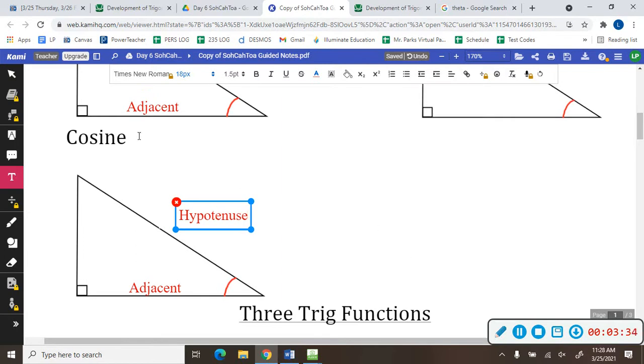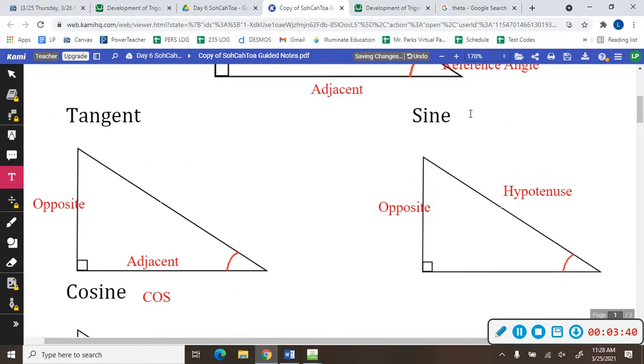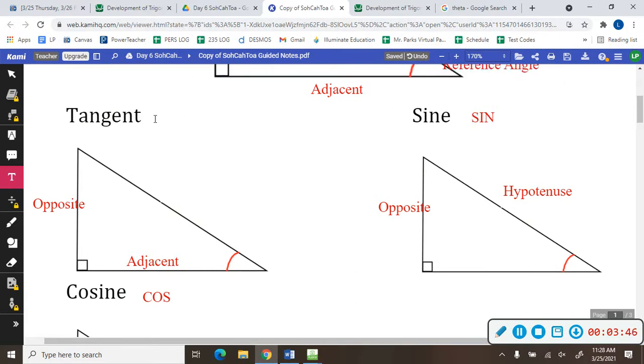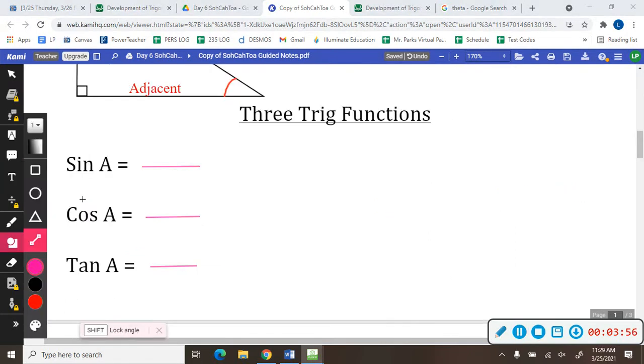Now this is abbreviated on your calculator as COS for cosine. For sine, that's abbreviated as SIN. That is not sin, that's supposed to be sine. And for tangent, this is abbreviated as TAN. How do you know which one to use?